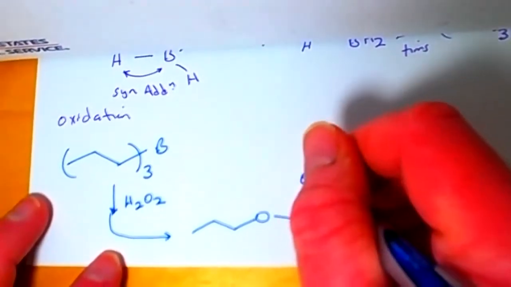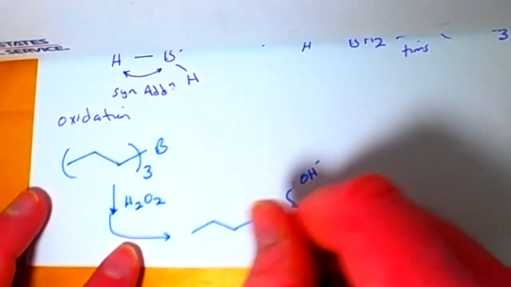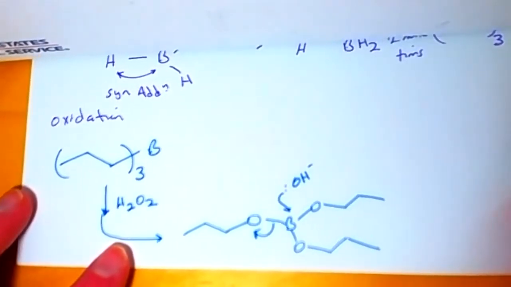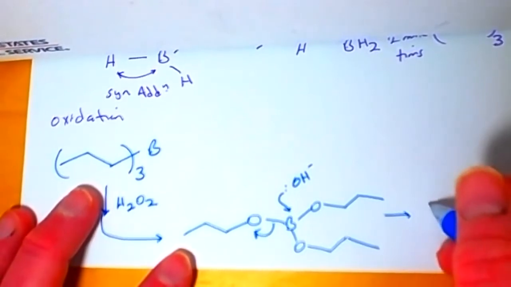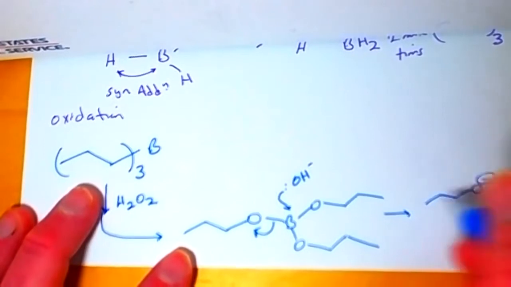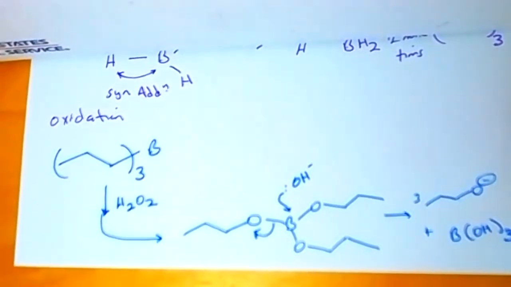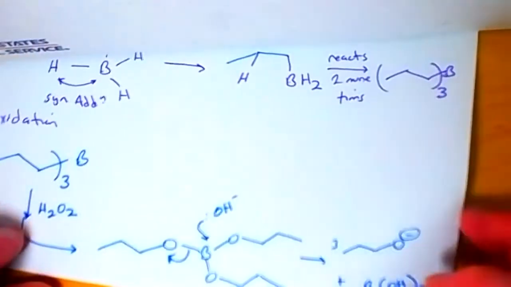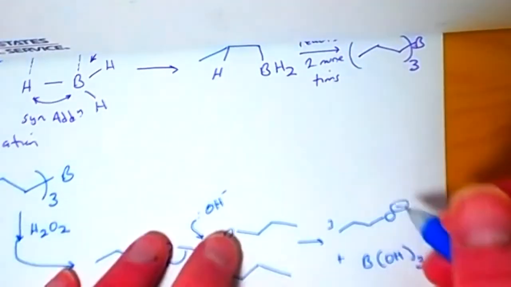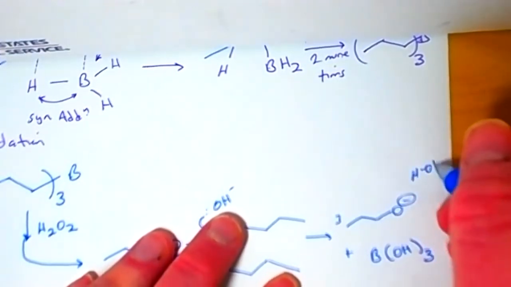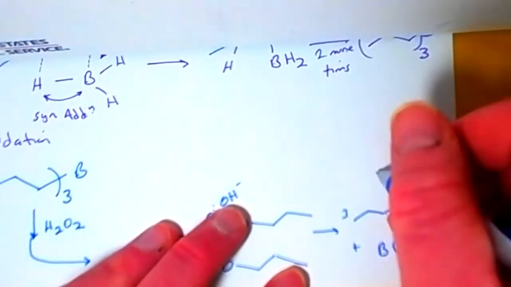This species essentially reacts with the base, and then that starts to kick out alkoxides. So you end up with 3 alkoxides that are produced, and an equivalent of boric acid. Now, these guys are going to be able to deprotonate water that's in that system.